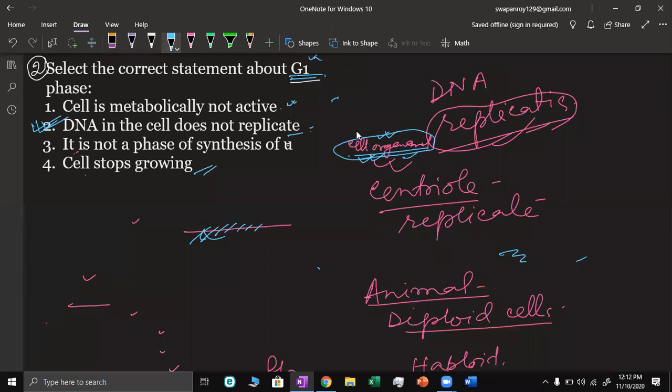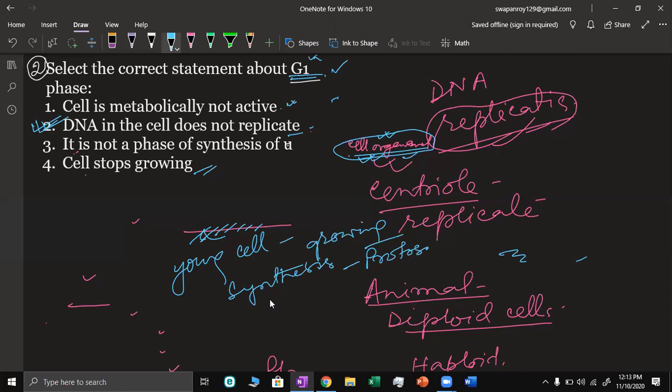In the G1, the cell is metabolically active, because when the two cells are formed, this young cell will grow, and growing means synthesis of protoplasm. All the proteins and RNA are synthesized, and new cell organelles are produced. The cell is very active metabolically.